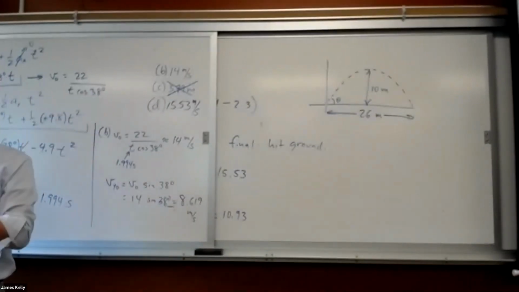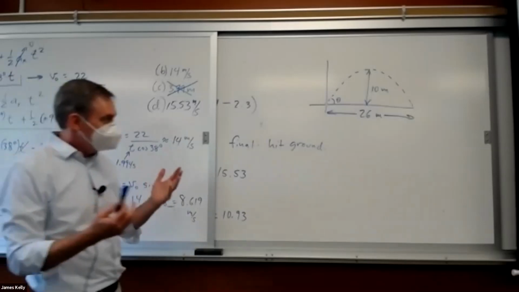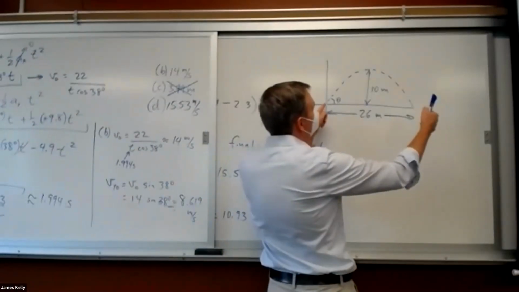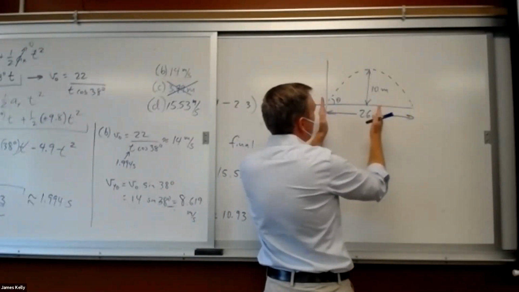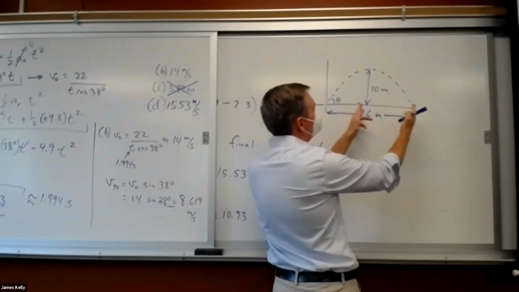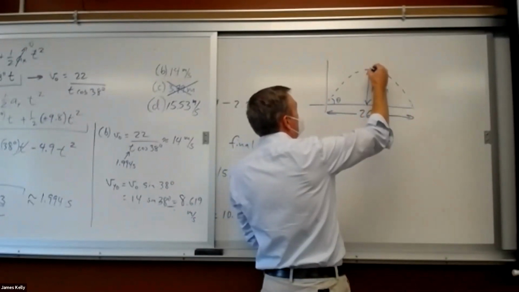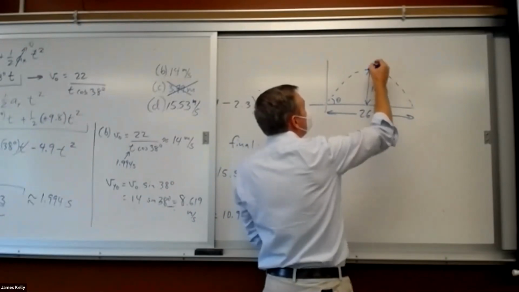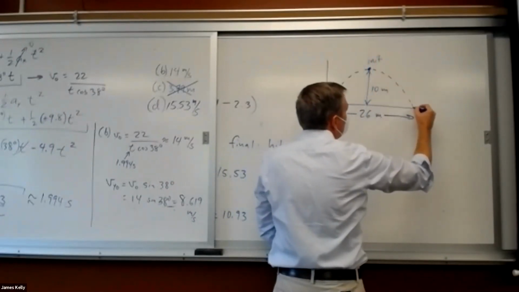So I'm going to have to use a mix of initials and finals, using the fact that whatever time it takes to get from here to here, it's exactly half that time to get from there to there. To give you a hint, you might take this highest point as your initial, and the point right before it hits the ground as your final.